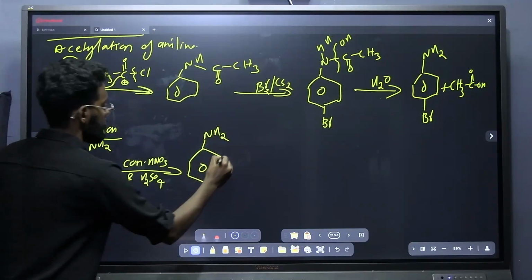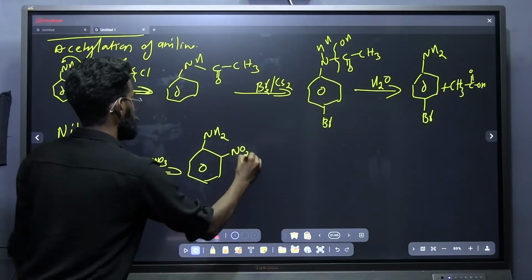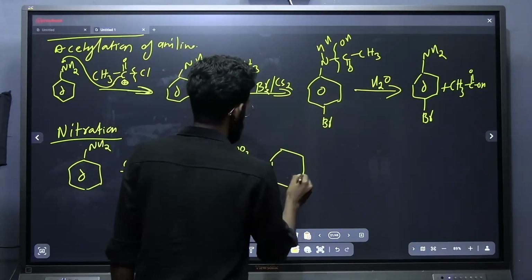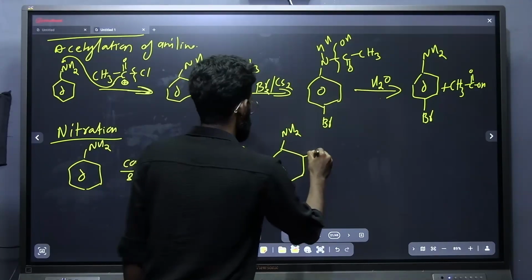NH2. I will be getting ortho, para, and meta nitroaniline.